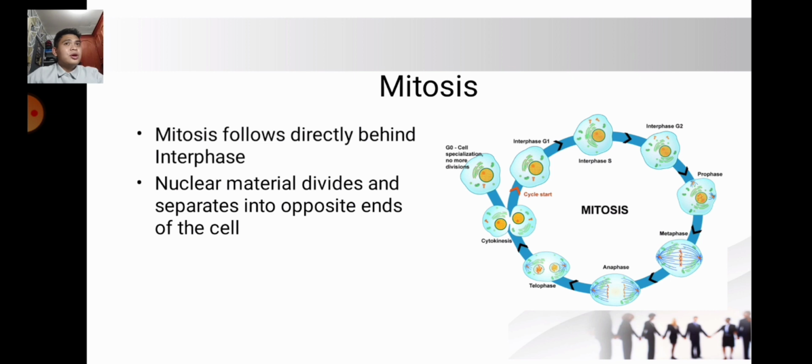And also, in this stage, a bipolar spindle is developing. And in the metaphase, we can also observe that the stationary chromosomes are aligned at the equator of the spindle. And also, the nuclear envelope fragments.